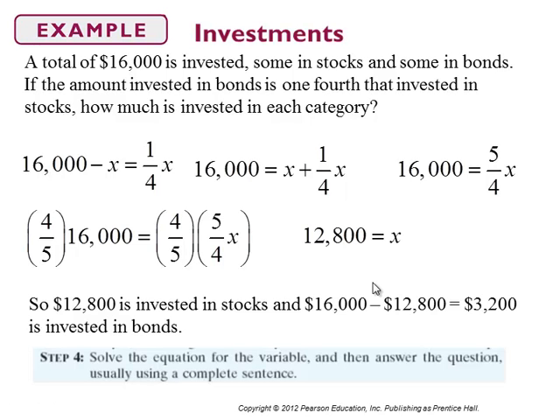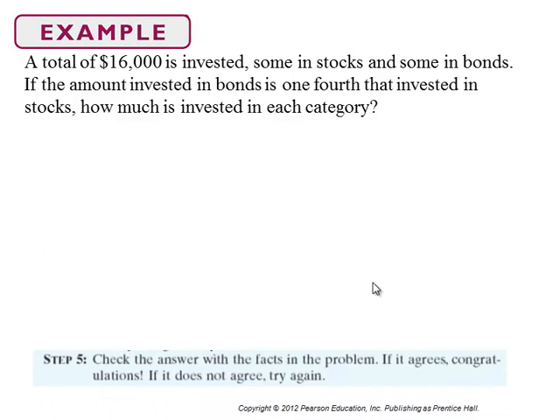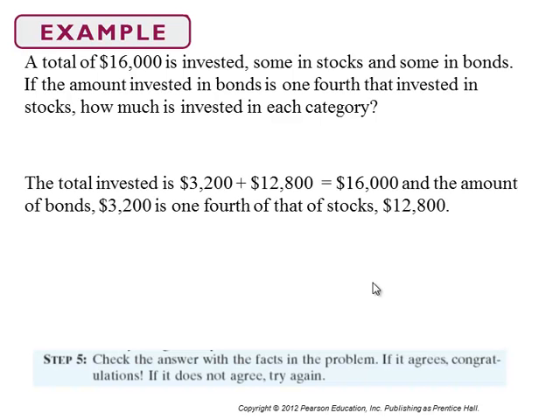To just double check our work, it is useful to go back and verify that our proposed solution actually solves the problem. The amount invested in bonds is 1/4 that invested in stocks.